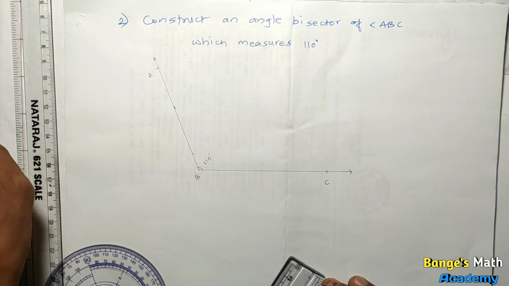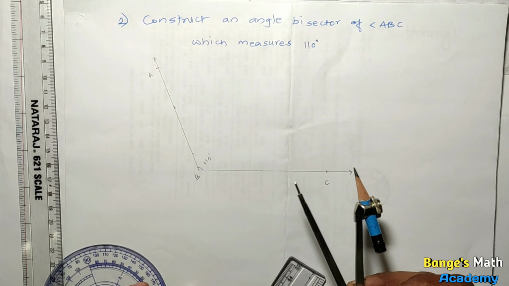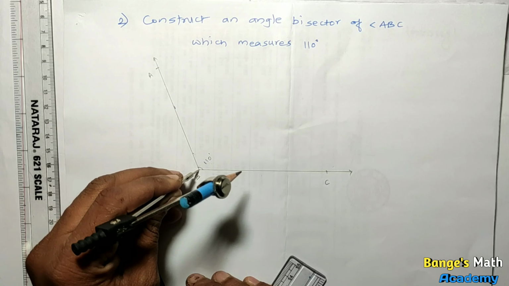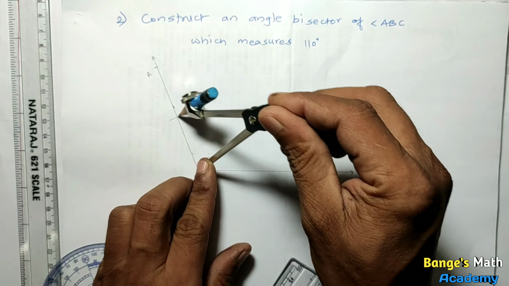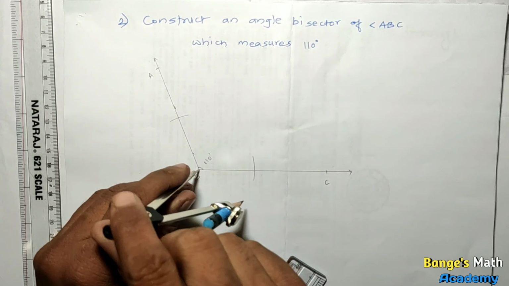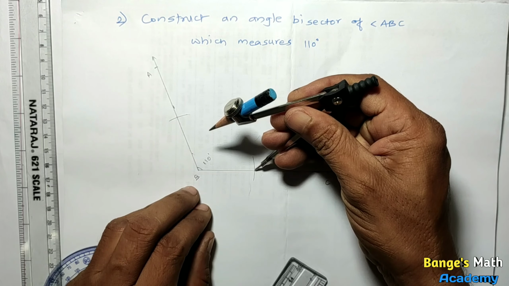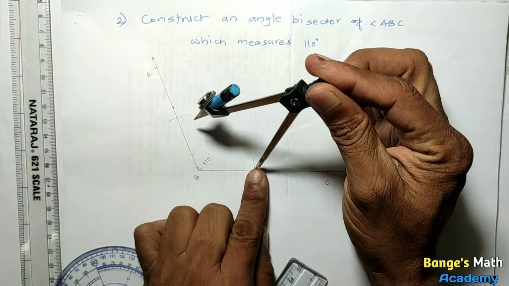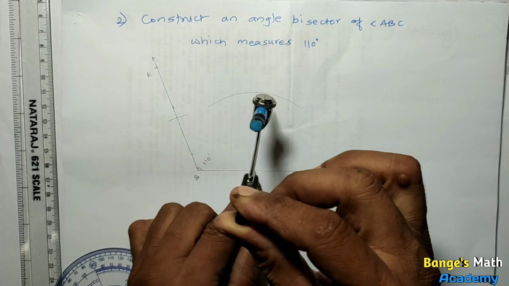Then, with the help of a compass, take a suitable distance and put the still point on point B and draw arcs intersecting side AB and side BC. Then take a distance more than half the distance between these two arcs and draw arcs in the interior of the angle.